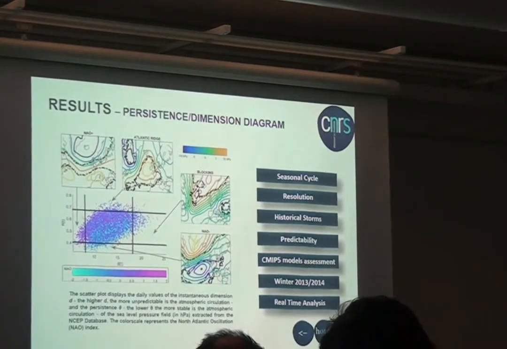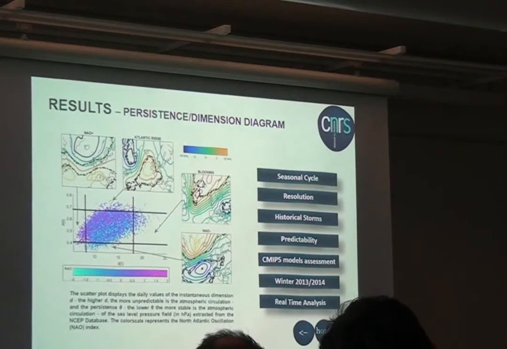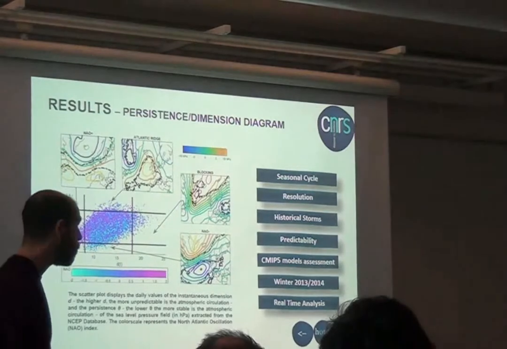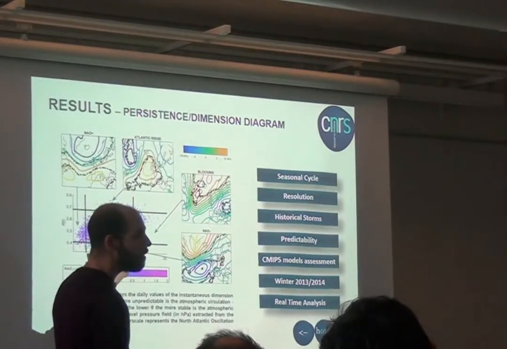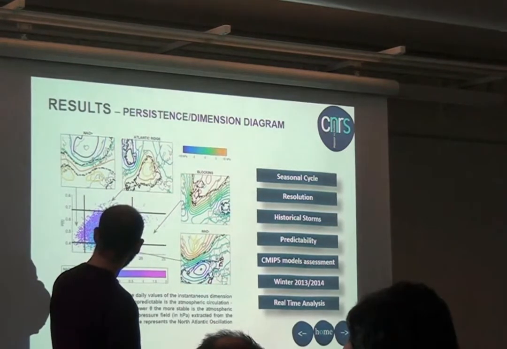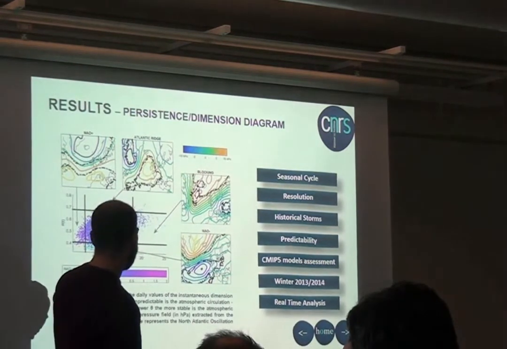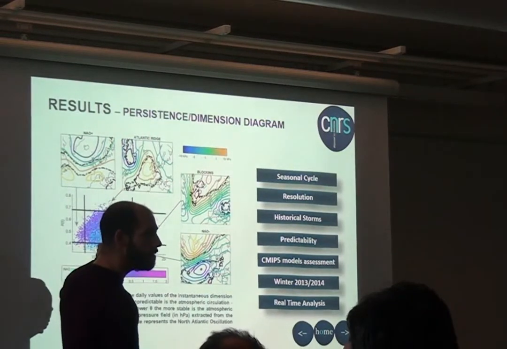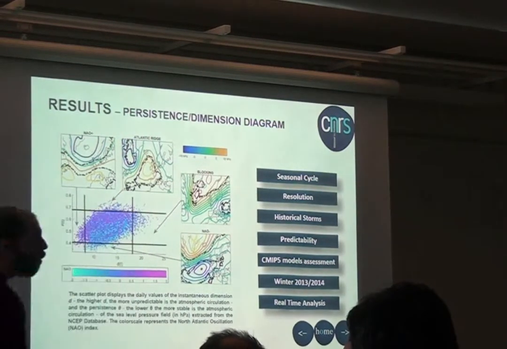So surprisingly, we find somehow the weather regimes, but as extremes, because the anomalies are very strong, of the dynamical indicators that we have defined. Another thing that we can say is that, in fact, the NAO plus pattern is the most predictable one. Why?